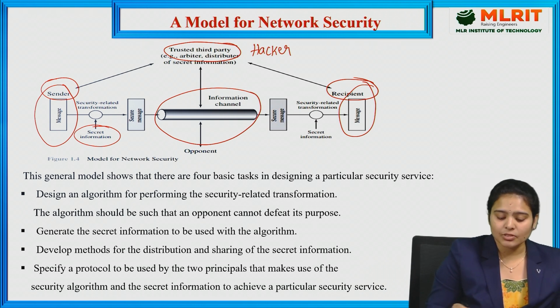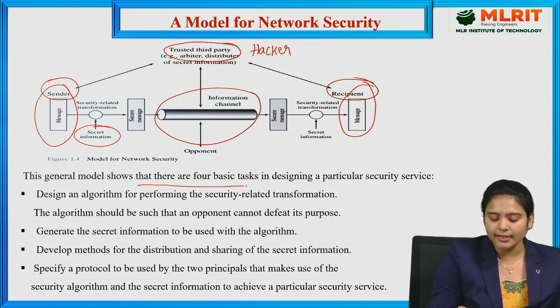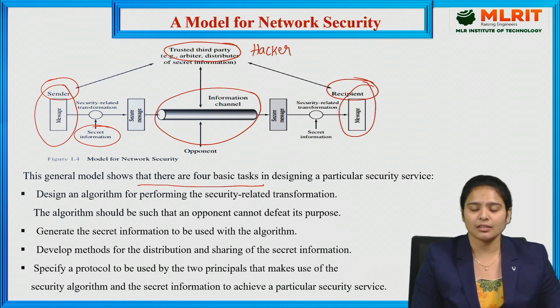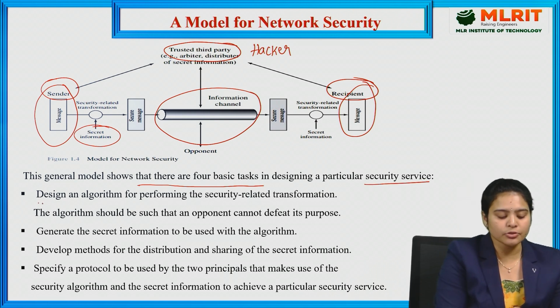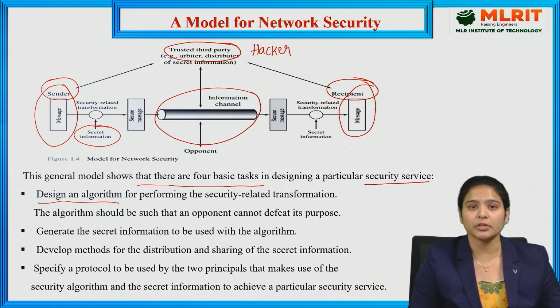This general model contains four basic tasks while performing security services. The first one is to design an algorithm for the security-related transformation, because for security performance they need to design an algorithm. That is the model for network security.